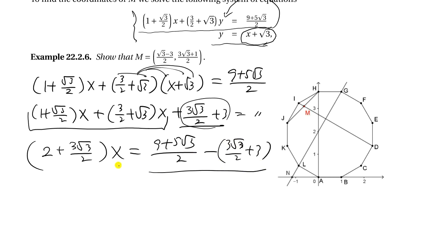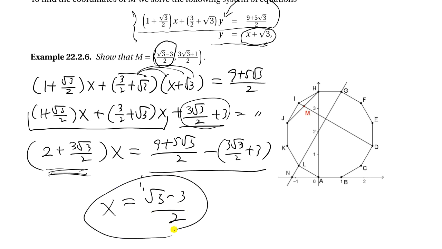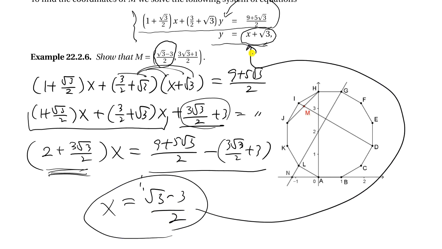Simplify this one first and divide both sides by that, and we are going to get x. It must be like this after simplifying. Then after some calculation, we got it. Then substitute this one into here, and we are going to get y equals this one. So that's the coordinates of M.